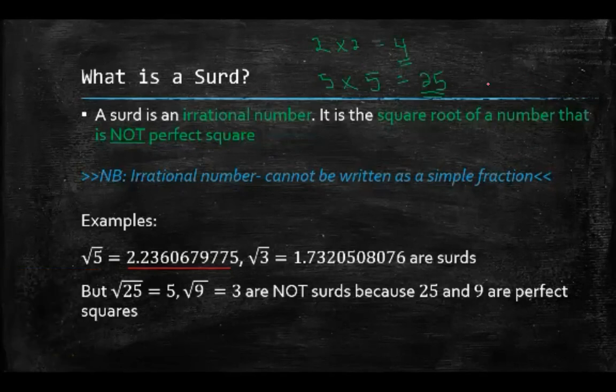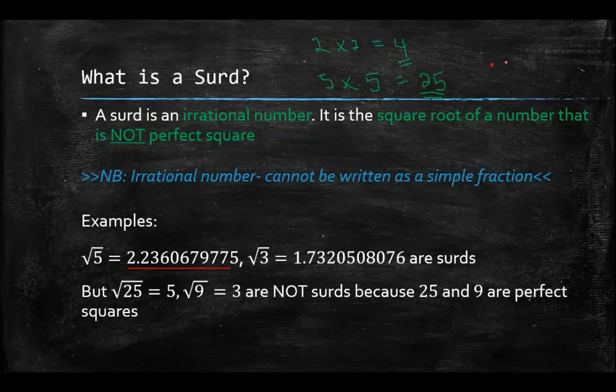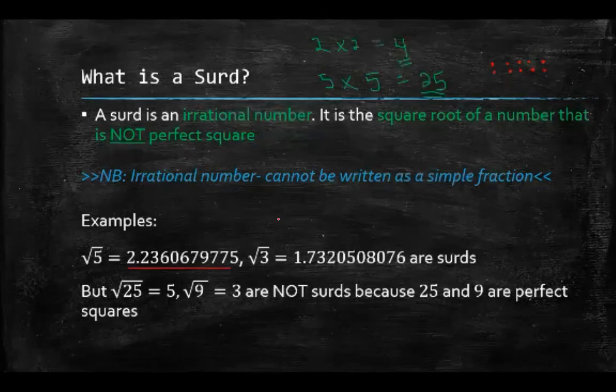Why is it called a perfect square? Say I had, let me just use dots for 5.